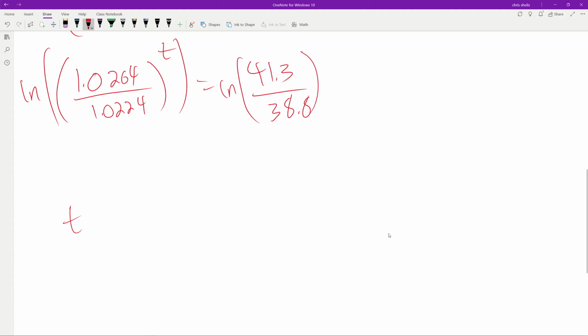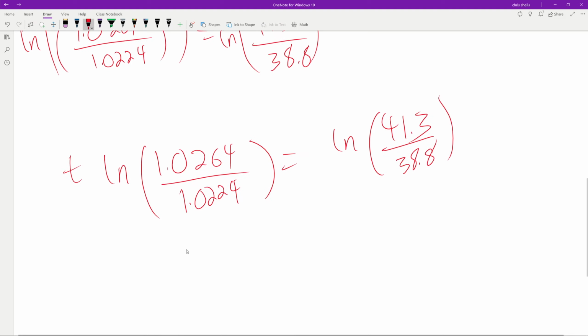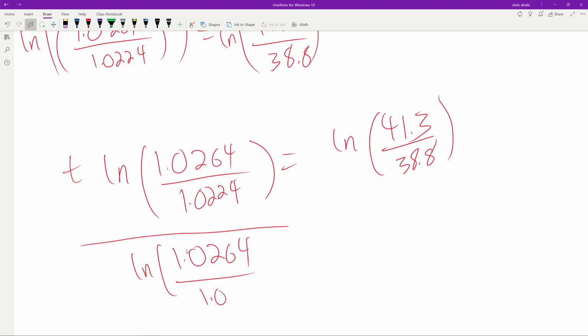Then I have t times natural log of 1.0264 over 1.0224 is equal to natural log of 41.3 over 38.8. Divide both sides by natural log of 1.0264 over 1.0224 in order to isolate the t.